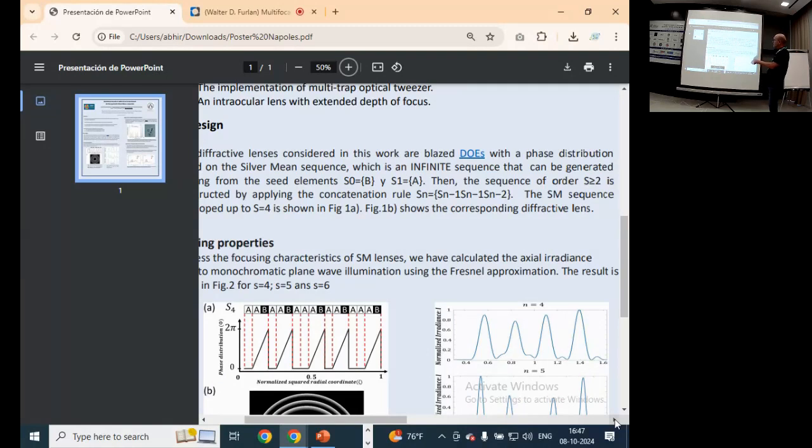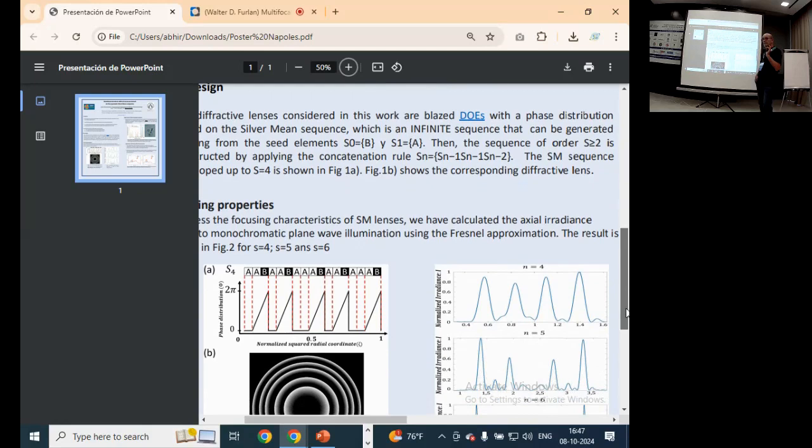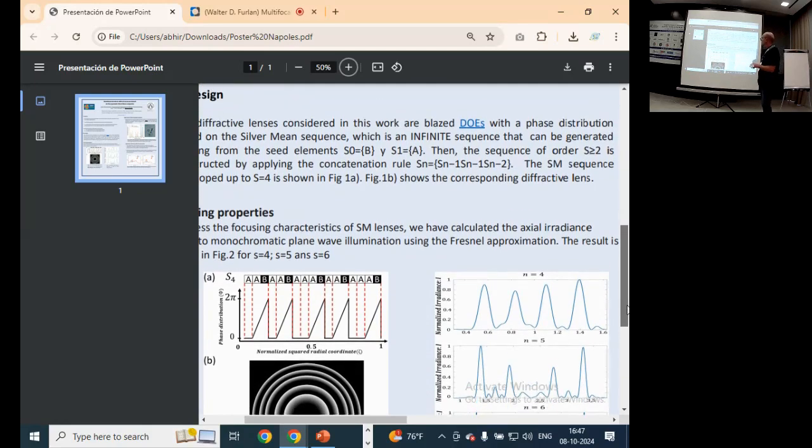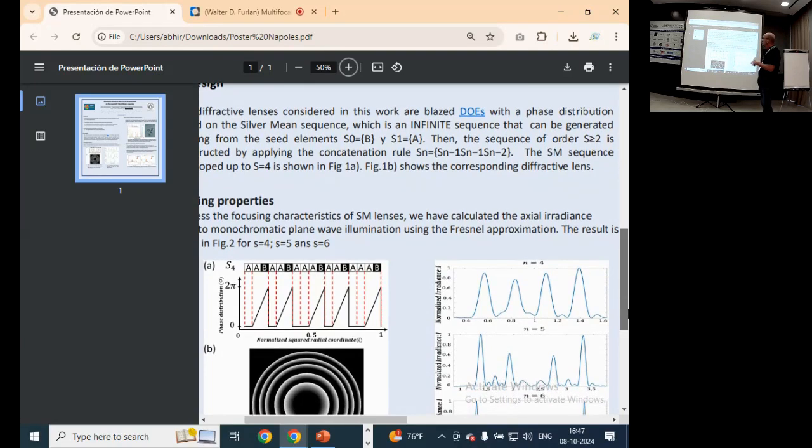So this is repeated several times. In practice, this is an infinite sequence, but it could be truncated at any moment. And we have developed, in this example, up to the number of 4 with the repetitions of the sequence.